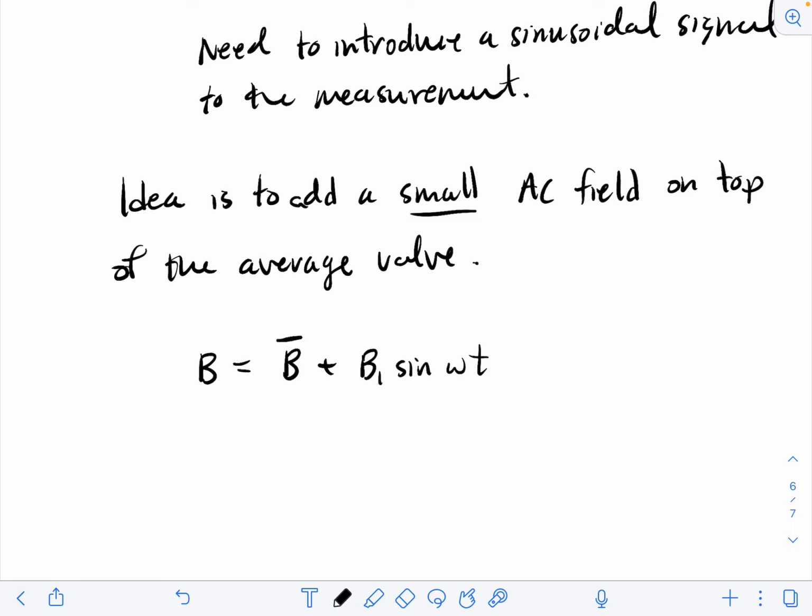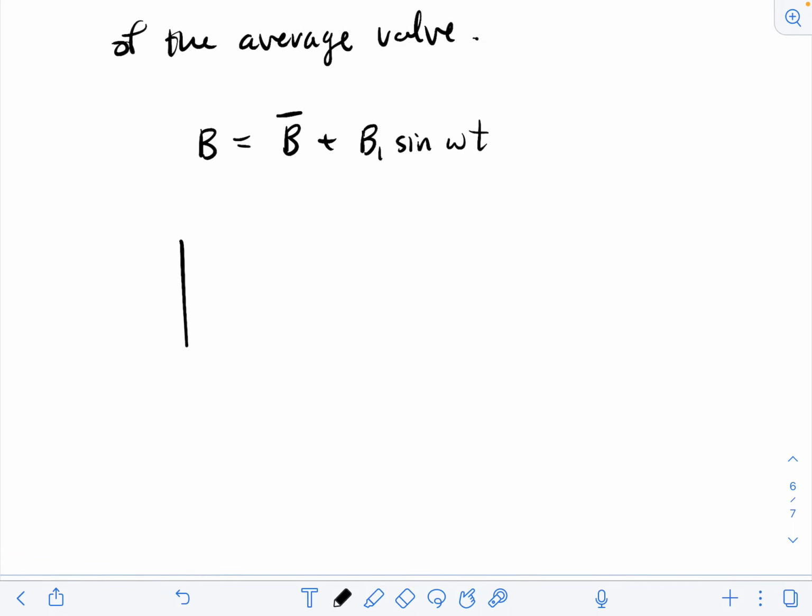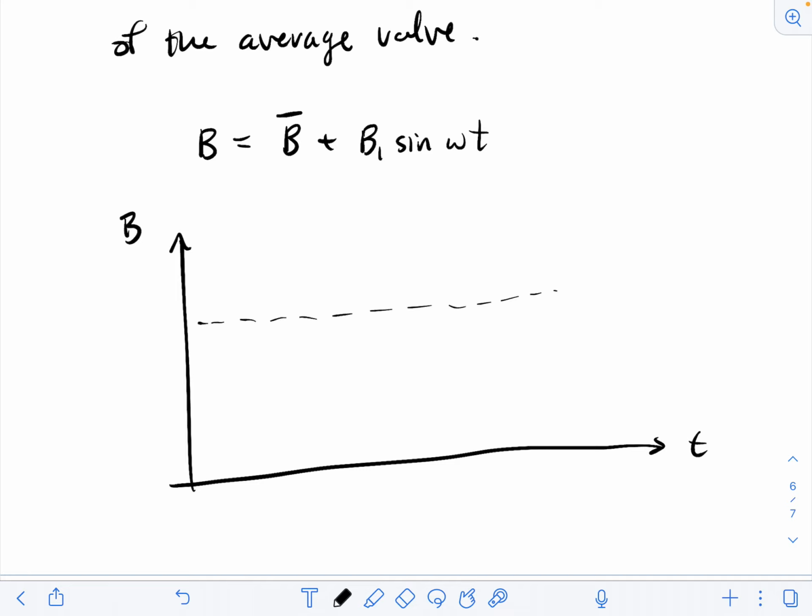So if we were to plot as a function of time what the magnetic field looked like, it would have an average value of, say, B average. And we're going to put a very small AC component on top of that.